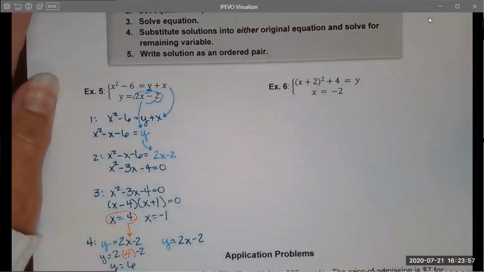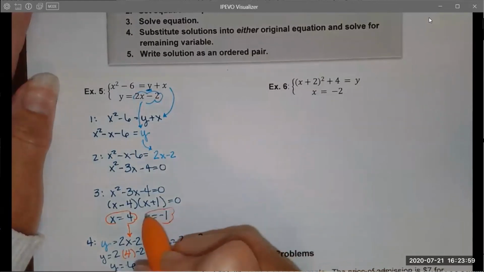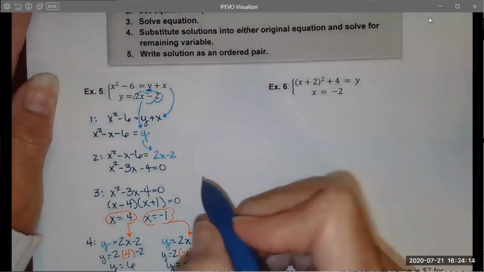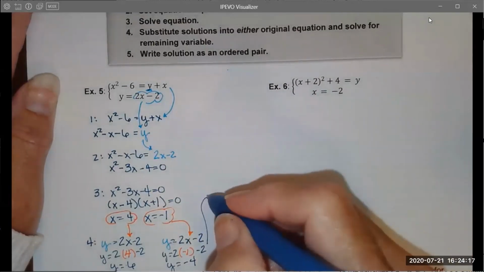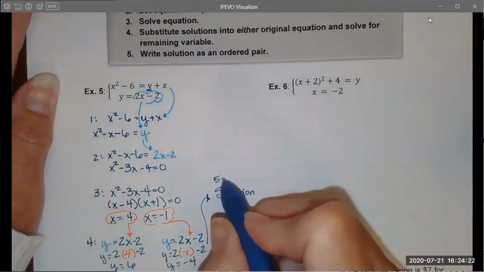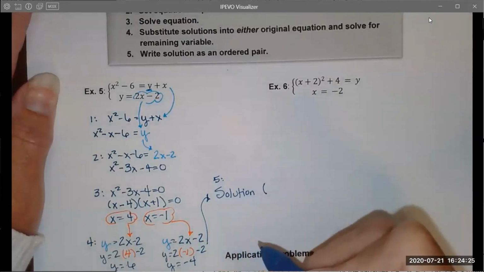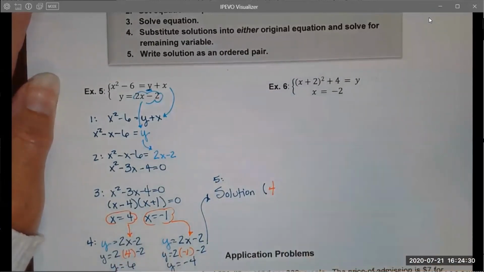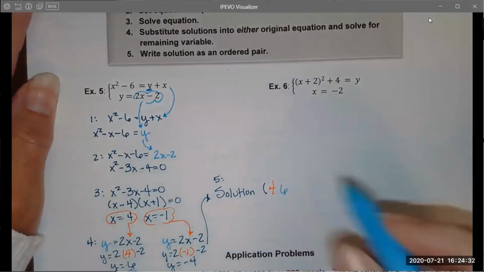I need to do that again in a second version using the second x value, which in this case was negative 1. So I end up with y equals 2 times negative 1 minus 2, and that comes to y equals negative 4. So my solution, which in our steps is step number 5, is going to be: when x equals 4, the y value is 6.